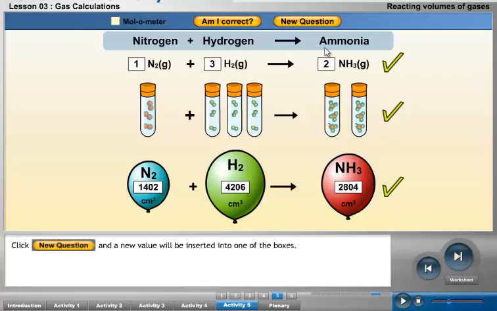Click New Question and a new value will be inserted into one of the boxes.